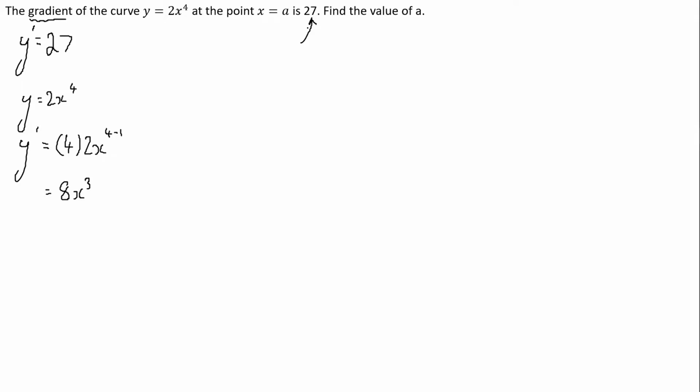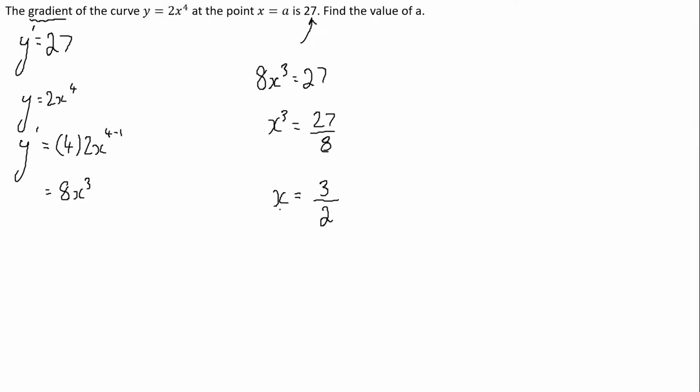Now, it tells us the gradient is 27, so this is equal to 27. So we've got 8x cubed is equal to 27. That means x cubed is equal to 27 on 8, which means we're going to cube root both of them. So x is going to be, cube root of 27 is 3, and cube root of 8 is 2.